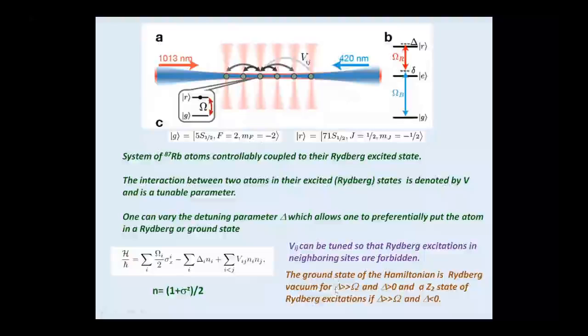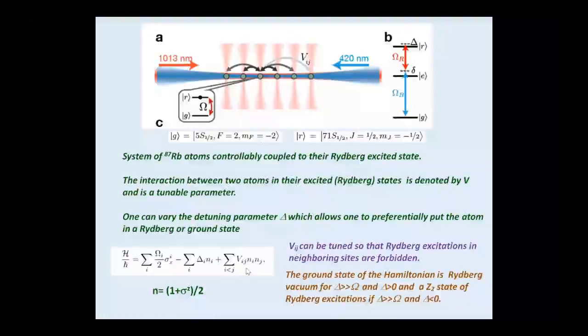Okay. So what is the ground state of this Hamiltonian? For example, if your delta is much larger than omega, then of course you want to form as many Rydberg excitations as possible. So that's preferentially making Rydberg excitation. However, if your Vij is very large, that's going to obstruct this Rydberg atom formation.